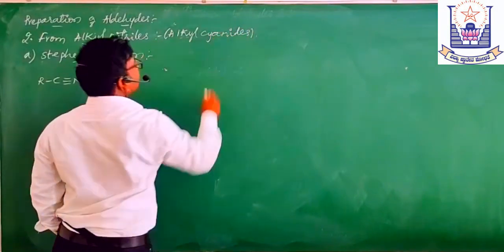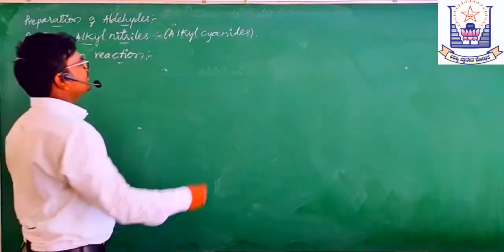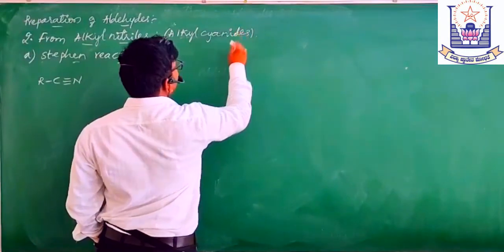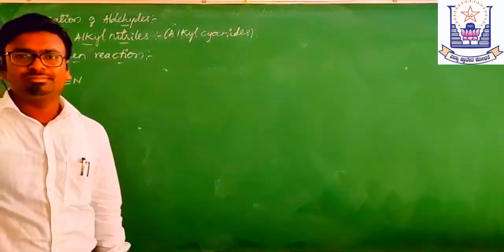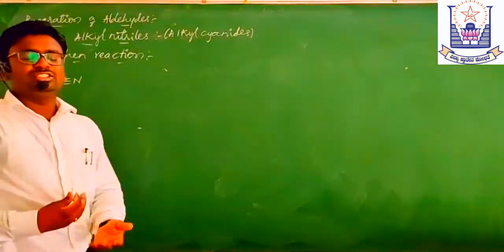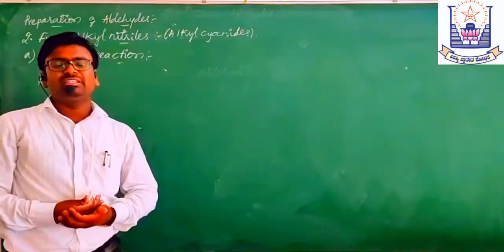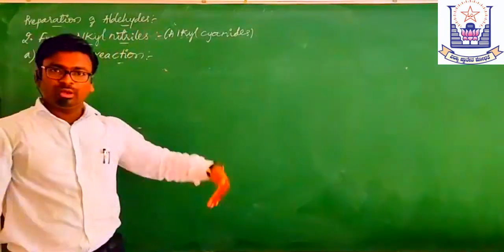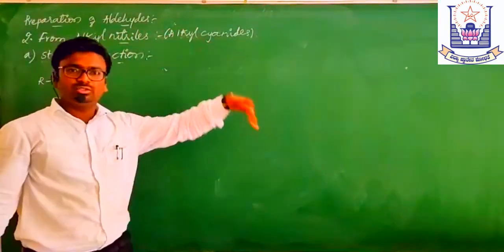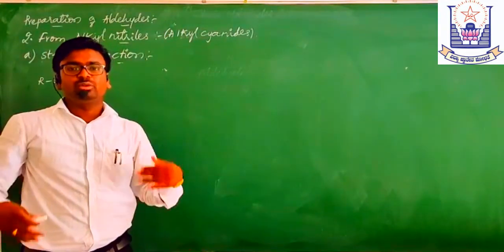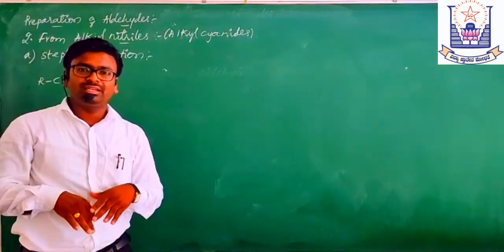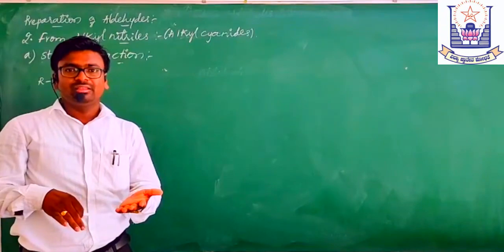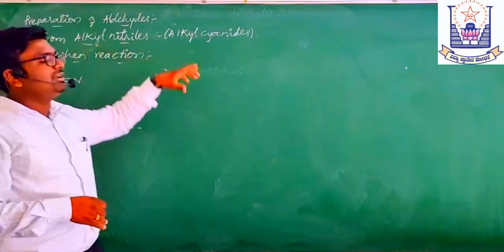You need to remember everything in chemistry because the question may be asked from any angle. They may ask you to explain the conversion of alkyl nitriles, or alkyl cyanides, to aldehydes. You should not say we don't know what is cyanide, what is nitrile. Here I am giving you every detail.